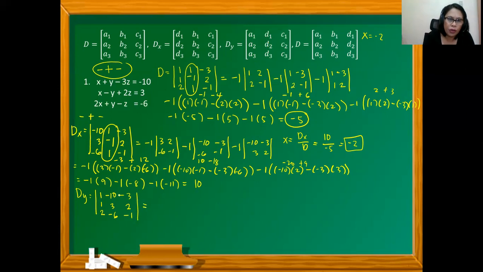And then if we're going to consider the first column here, so we have the first element. So we're going to consider the sign plus, minus, plus. Okay? So this is 1 times. So we're going to eliminate the first row and the first column. So there remains 3, 2, negative 6, and negative 1.